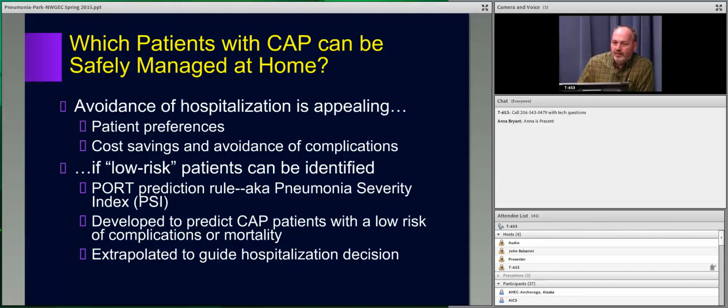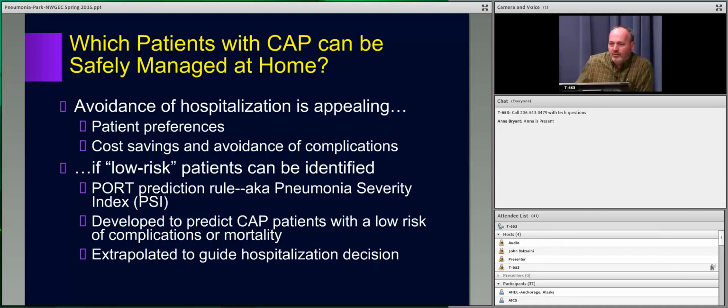So really, I think if you're in the office setting or you're making house calls, which people with community-acquired pneumonia can be safely managed at home? And avoidance of hospitalization is quite appealing. If you ask patients in a survey fashion, what would you give up in order to stay at home for your pneumonia treatment rather than being admitted to the hospital?